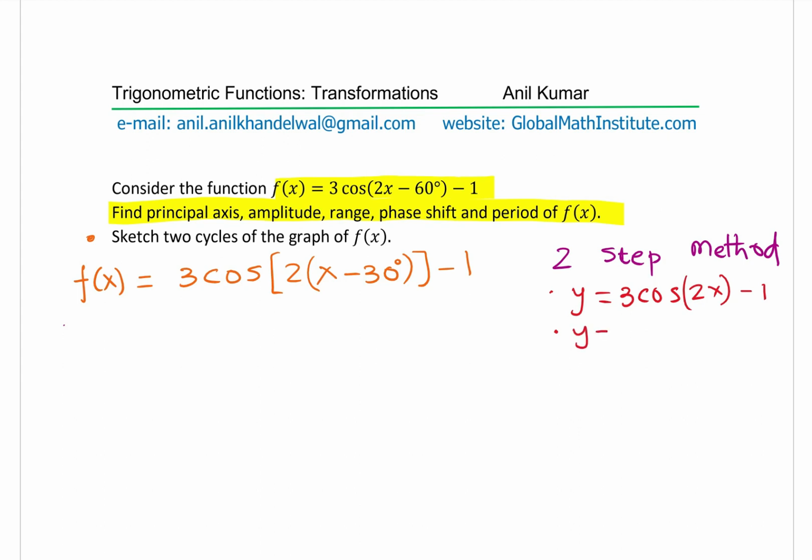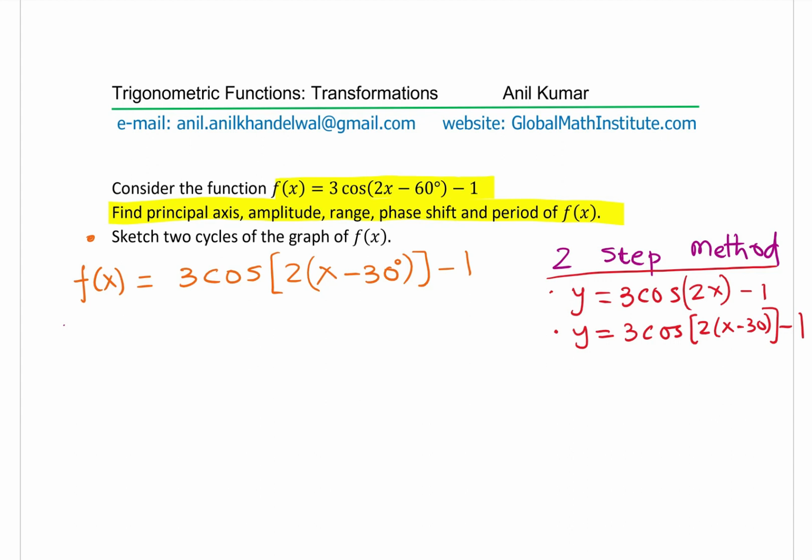And then we will transform it and sketch 3 cos 2 times x minus 30, minus 1, two cycles, correct? So that is the steps involved. I'd like you to watch some of my videos on the two-step method. Here I'll describe the process in short.